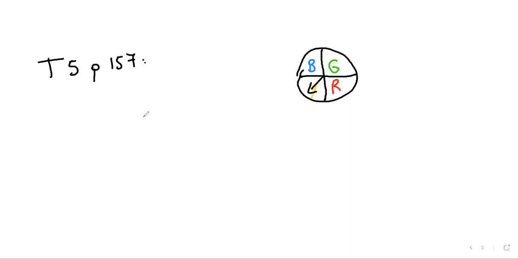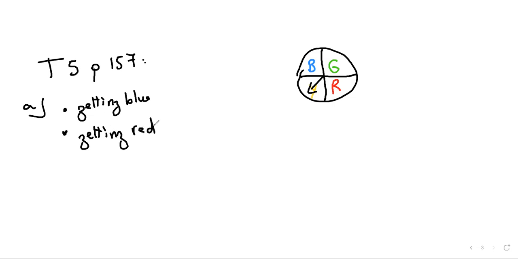Right, so it's spun once, and they want you to list two possible outcomes that are mutually exclusive. Two mutually exclusive outcomes means that these two outcomes cannot happen at the same time. So, for example, I can name these two outcomes: getting blue or getting red.